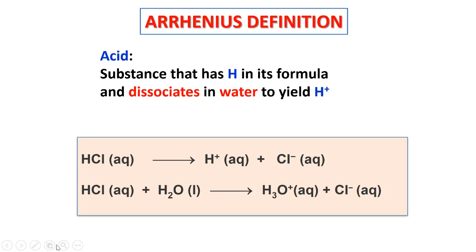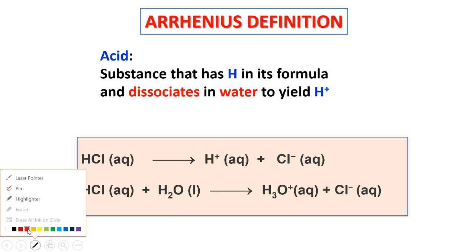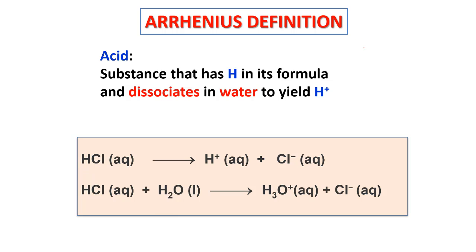Contoh paling mudah kalau kita lihat di sini adalah hydrochloric acid. Okay, we have hydrochloric acid. So you can see it contains hydrogen in its chemical formula. What else? We have nitric acid, HNO3, also contains a hydrogen in its chemical formula.